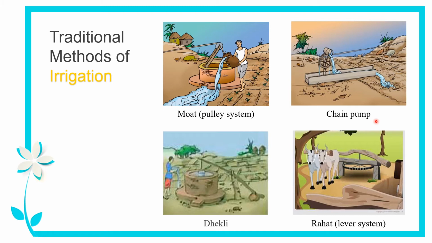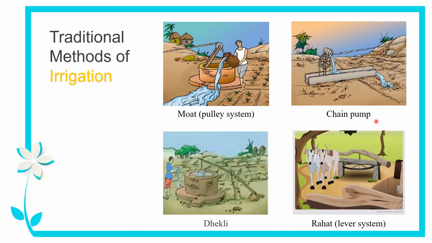On the chain are hung small buckets, so that on the chain there will be small buckets fixed. And below the bottom wheel is a source of water like stream, pond or lake, whatever it might be. But remember, it should be at a lower level than the field we are going to irrigate. And a handle is attached to the axle of the upper wheel.